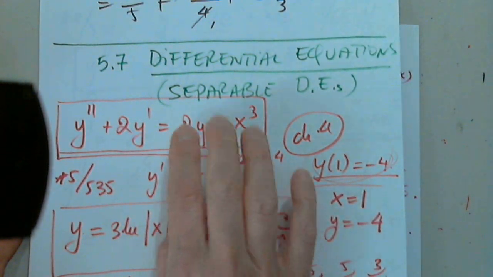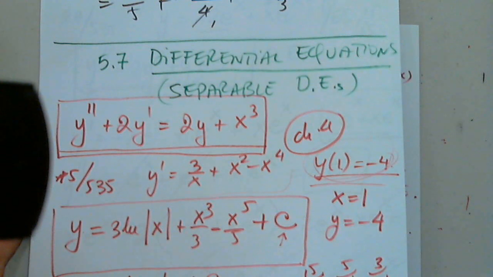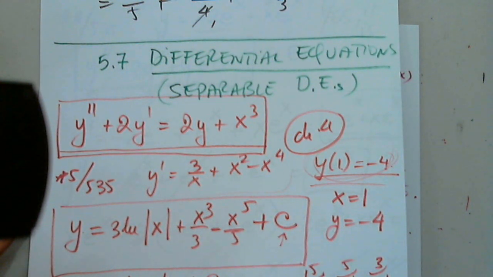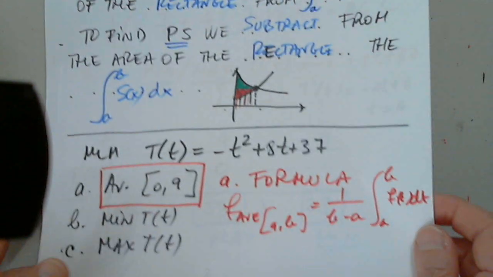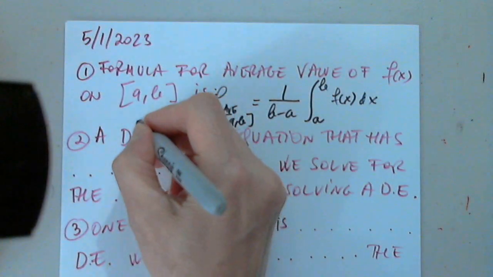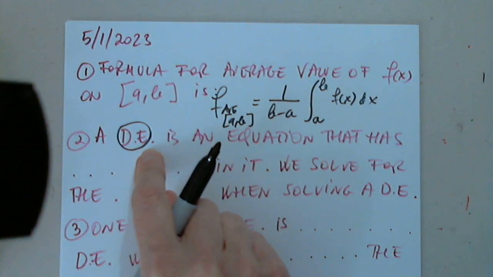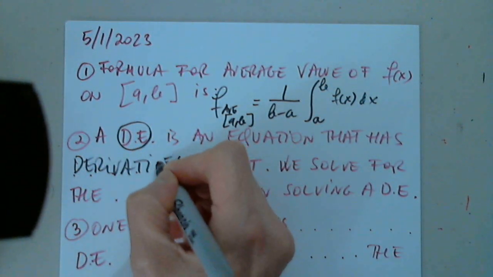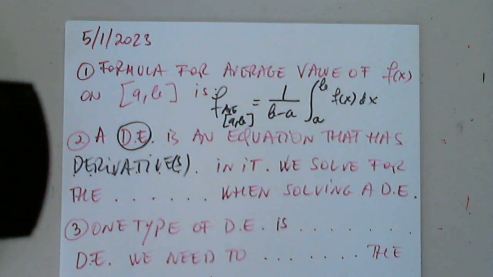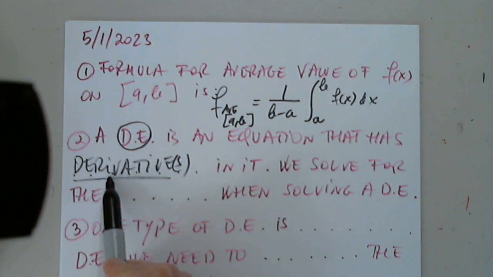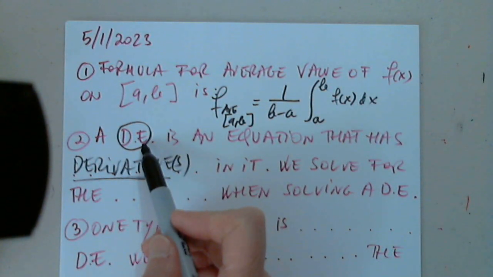It has the function, of course, but what else? Y prime? Exactly, derivatives. It's called a differential equation because it has one or more derivatives in it. With the function, without the function, we don't care. But if it does not have at least one derivative in it, it's not a differential equation.